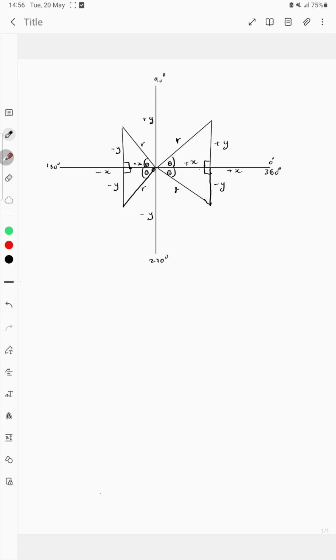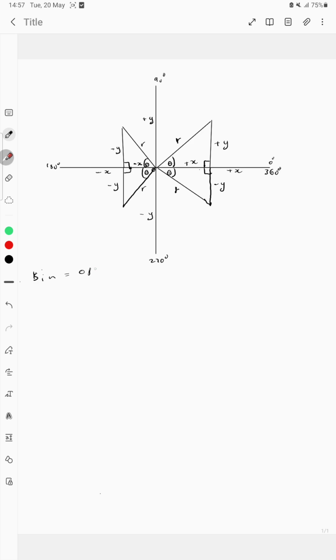Okay. So in the first quadrant, from grade 10, remember that we name sides according to your angle, or in relation to your angle. So sine is what?